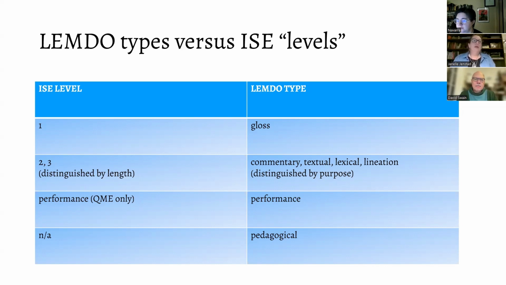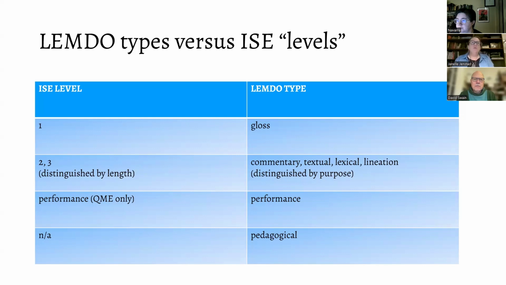And then late in the game, the ISE added a performance type of annotation, which was at the time only used by the Queen's Men editions because they were doing performance research exercises. They had a performance editor who was adding annotations about what they had discovered in the process of performance.